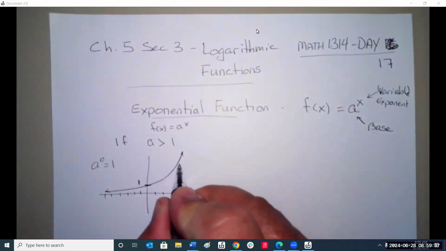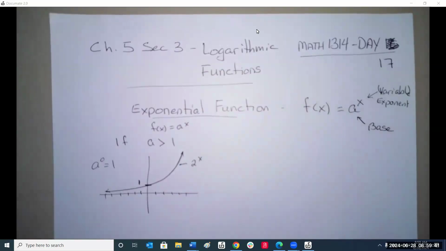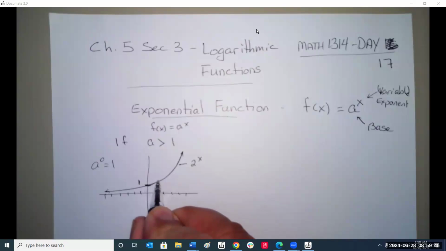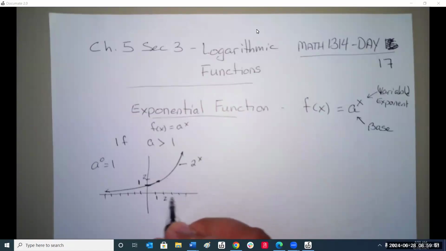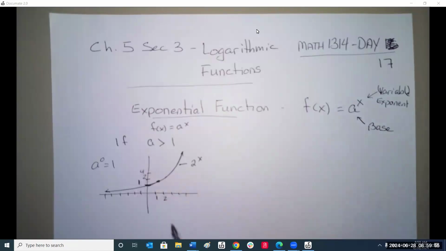So this is, let's say, 2 to the power x. When x is 1, y is 2. When x is 2, y is 4. And so on and so forth.